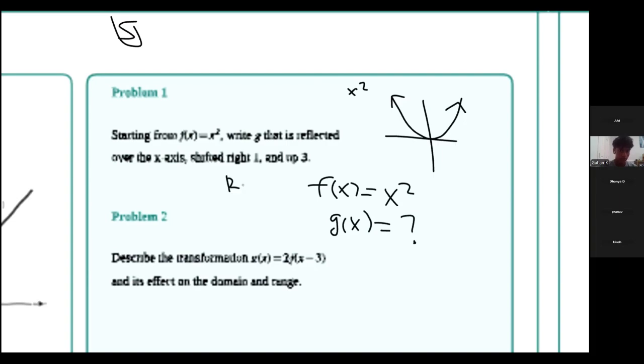Right 1, and it says it here, but it's kind of in bad quality. Up 3, and reflected over the x-axis.